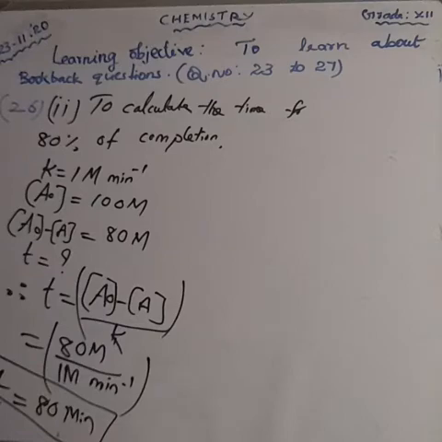Also K is given: 1.8 into 10 raised to minus 5 second inverse. The R value we know is 1.987, a constant value. The temperature T is also given, converted from Celsius into Kelvin.